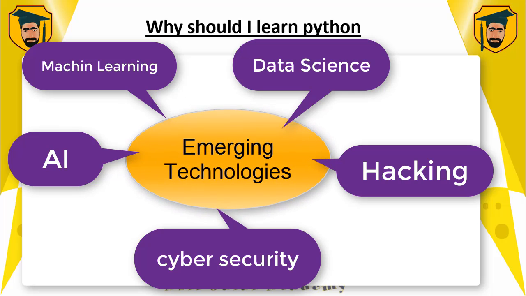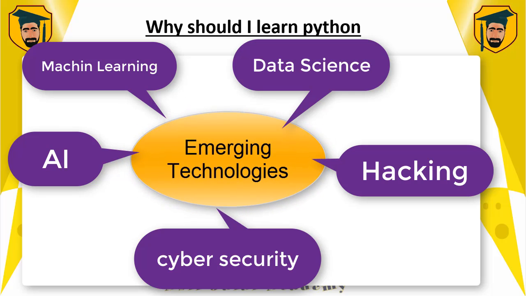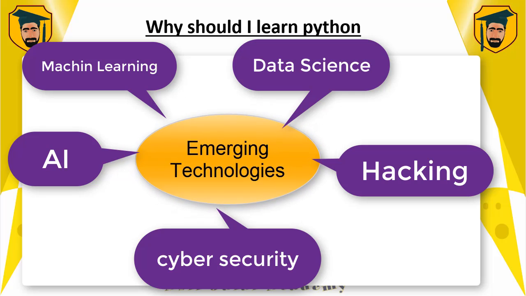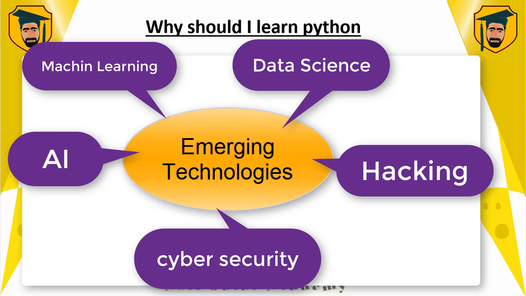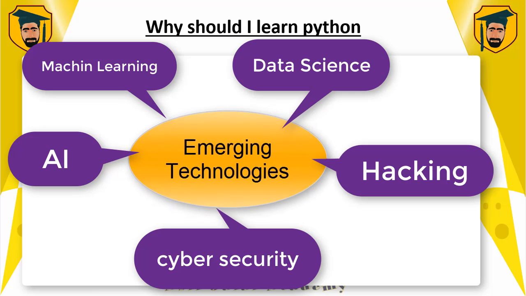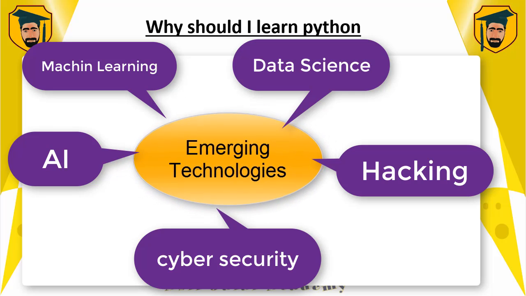These are the emerging paths, and Python is the tool that makes you able to take the first step on these paths. You have to learn Python if you want to go into any one of these fields. So Python is the best choice for you.